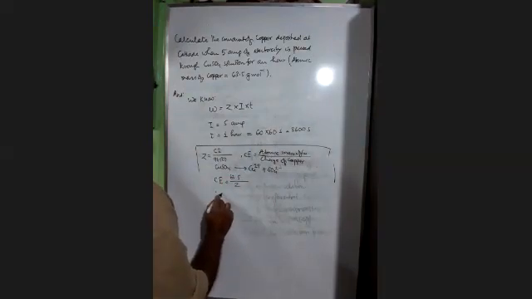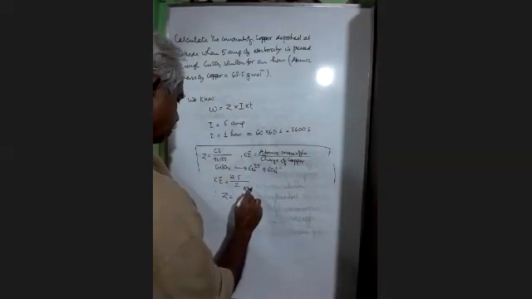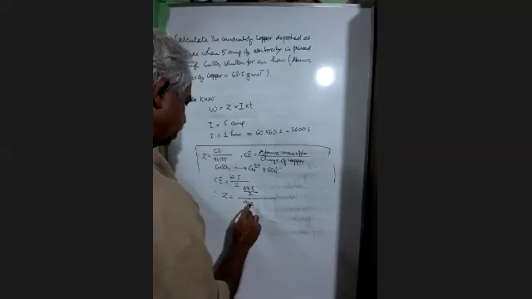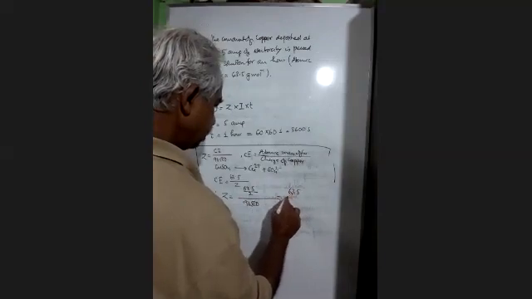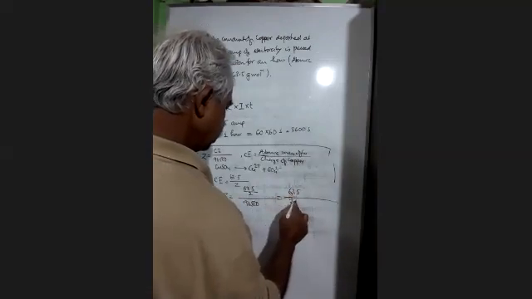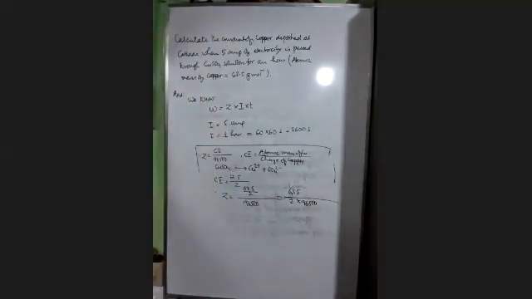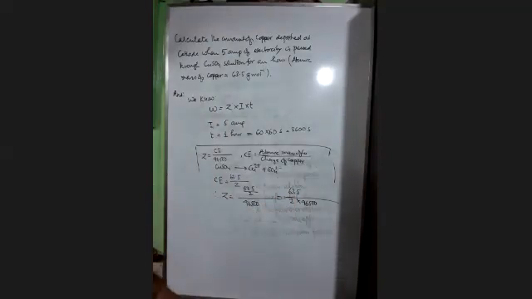Then what will be Z? Z will be equal to 63.5 divided by 2 by 96,500. So it is 63.5 divided by 2 into 96,500. Okay. Now, Noreen, calculate with calculator and tell me what is the value. Don't remain quiet.